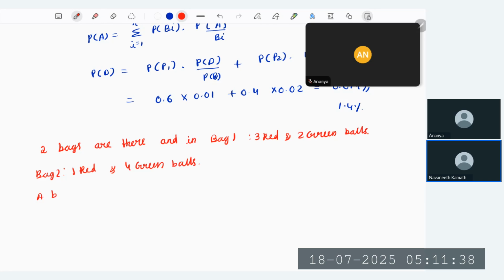A bag is chosen at random, and one ball is drawn. What is the probability that it is red?